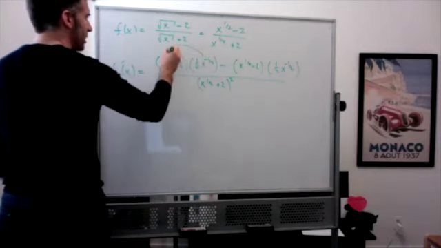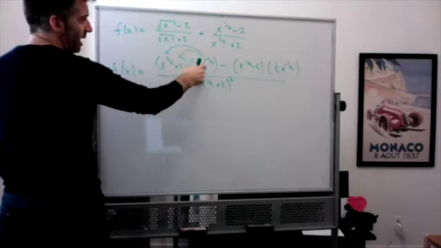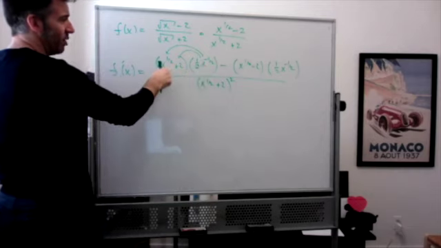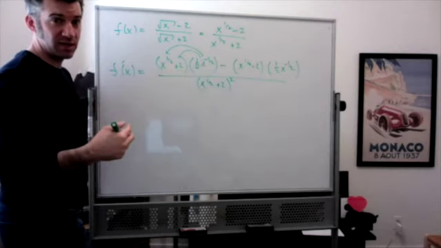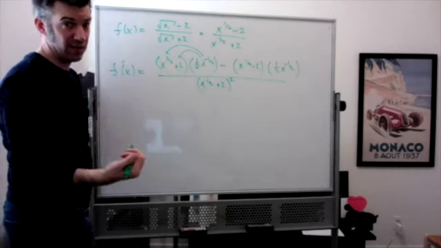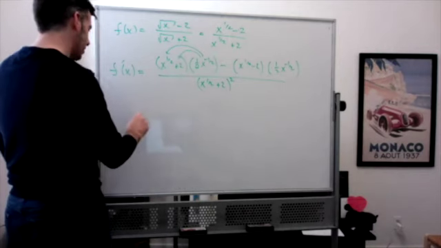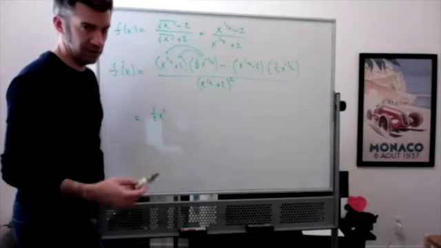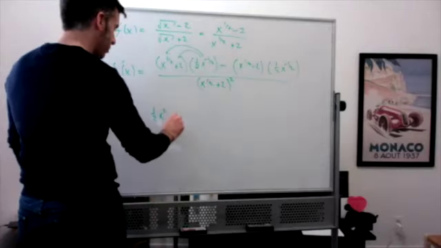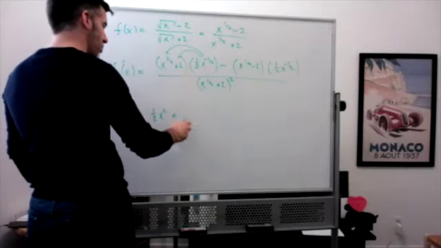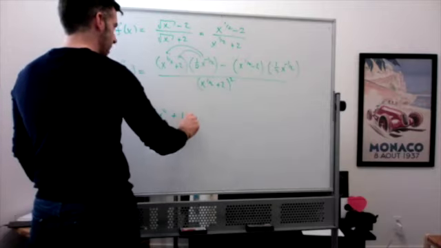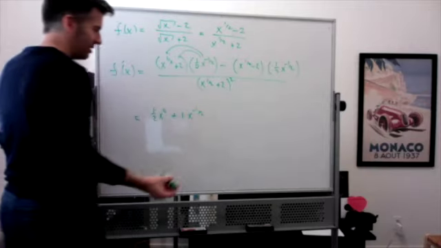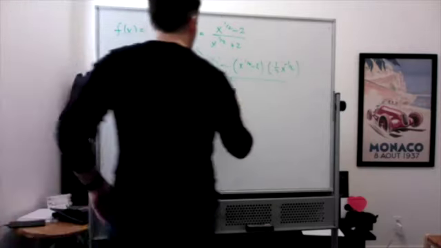When we distribute this, x to the negative 1/2 times x to the 1/2, when you multiply those things together, you add the powers, and negative 1/2 plus 1/2 is 0. So you're going to get 1/2 times x to the 0, which is just 1/2 times 1, plus 2 times 1/2 is 1 times x to the negative 1/2. Okay, this seems like it's maybe not terrible.